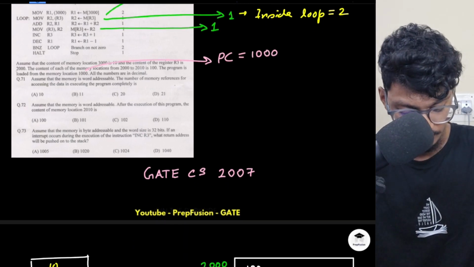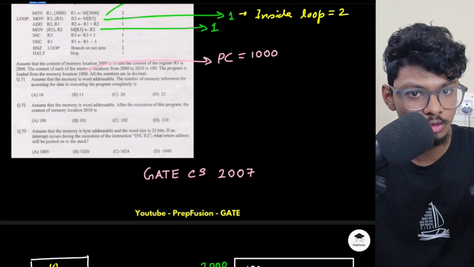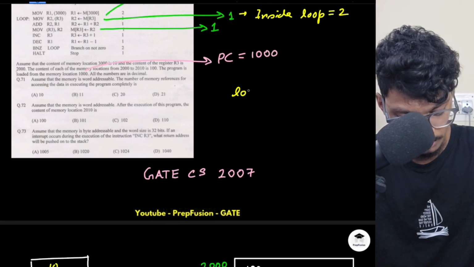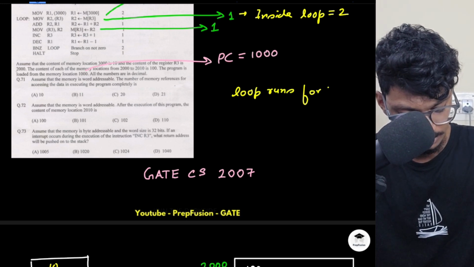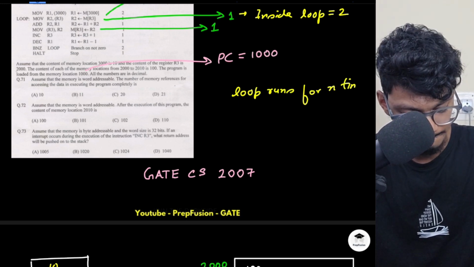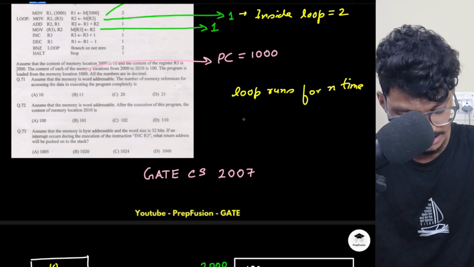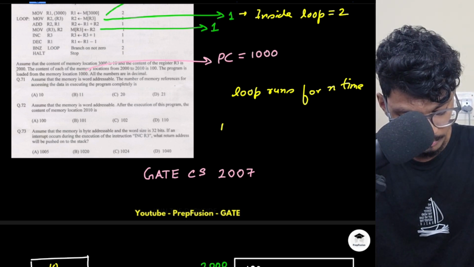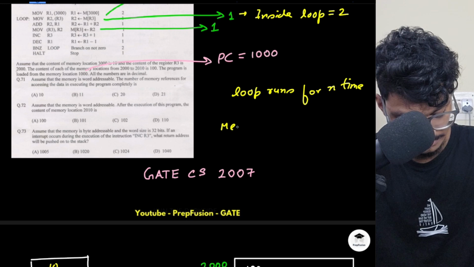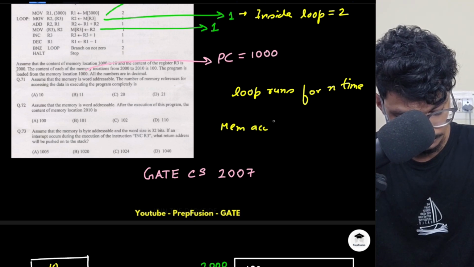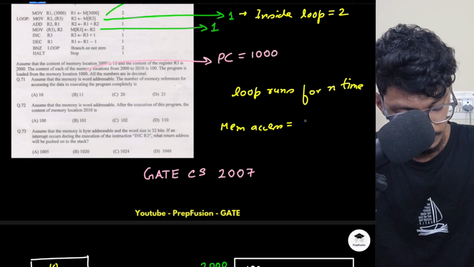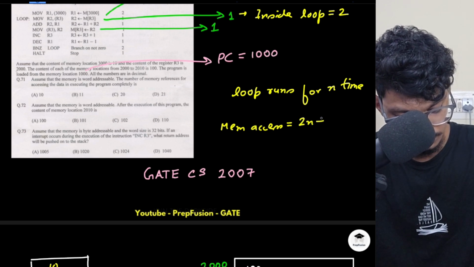So if I find out how many times this loop runs, let's assume that the loop runs for n times. If the loop runs for n times, then the total number of memory accesses will be equal to 2n plus 1.